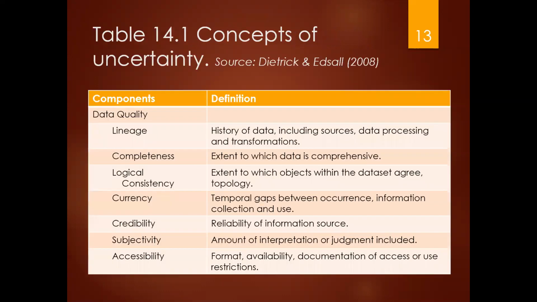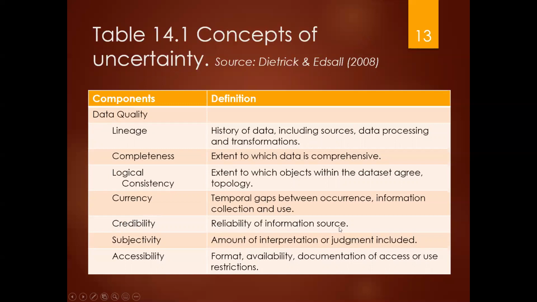In this slide and next two slides, I have provided a very huge table showing you different forms of uncertainty you can use to address uncertainty. Okay, for example, credibility. It's a part of data quality. It's used to address data quality, and credibility can also be used to address uncertainty.